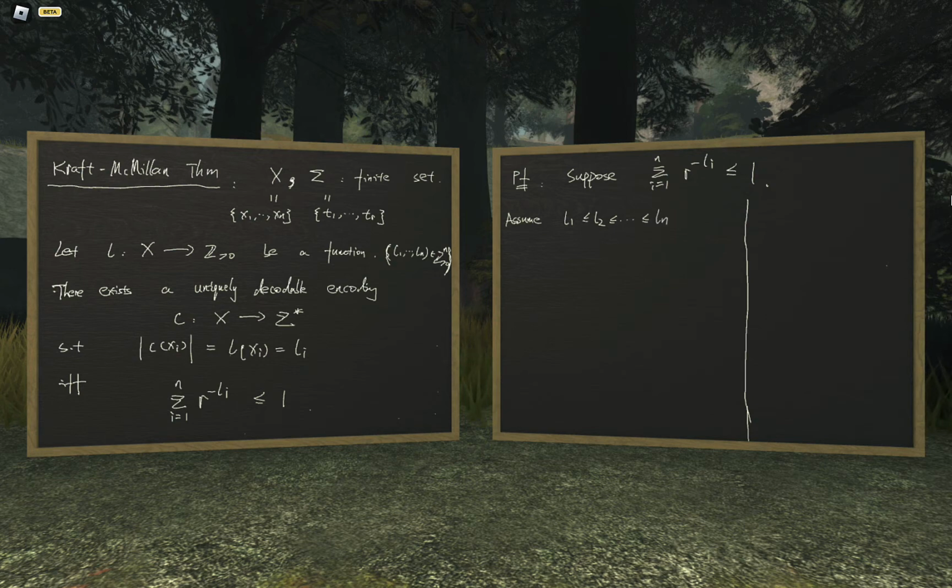In my example, r, the size of sigma, is equal to 2, and n, the size of X, is equal to 5. Let's take an example here: 2, 3, 3, 3, 3.